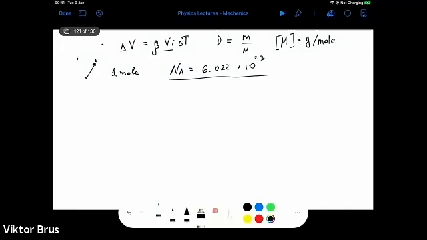So this is the amount of molecules or atoms which form 1 mole of any substance, including ideal gas, which we are considering now. So this is a convenient form to deal with the amount of material we have.